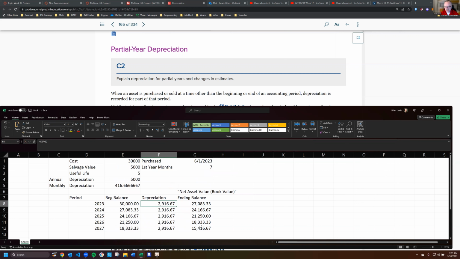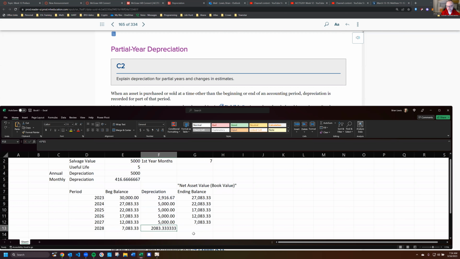Now you notice that in this month, we want to change this to the 5,000 because that's what it's going to be annual. And then there's going to be a little extra. So effectively in 2028, there's going to be a beginning balance of 7,052. And we're going to depreciate it for 5 months in this one, right? So we're going to take 5 months worth of depreciation times this to get us to the full year.